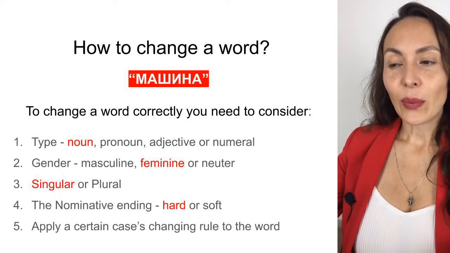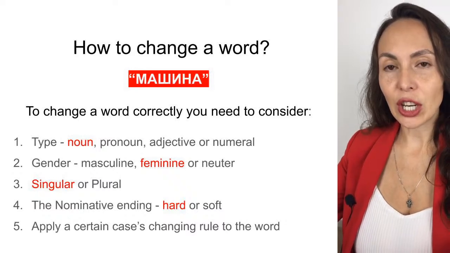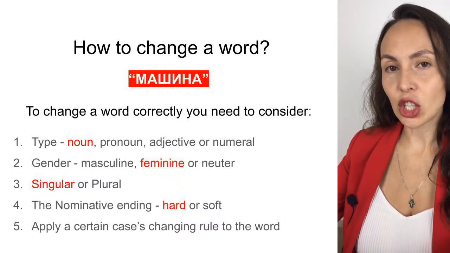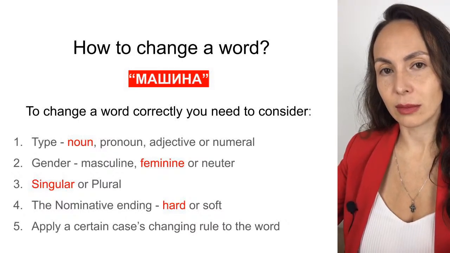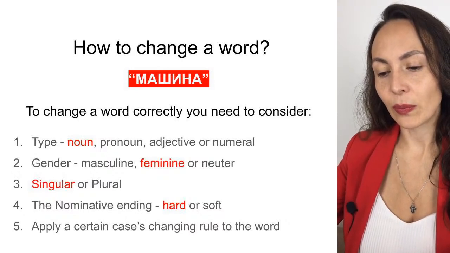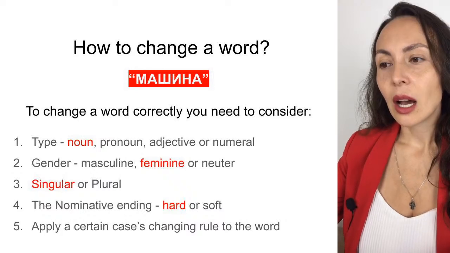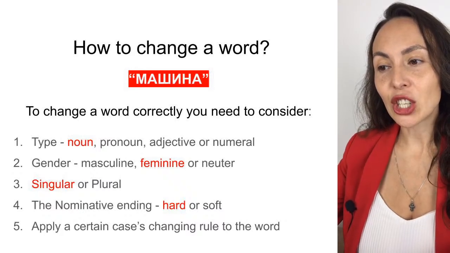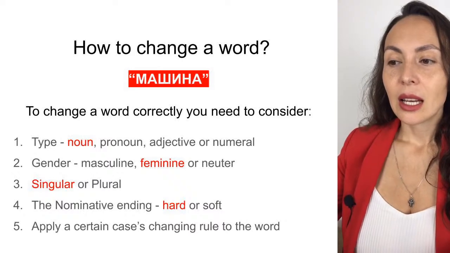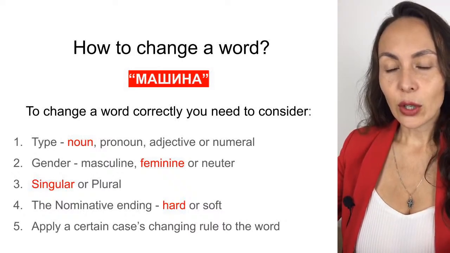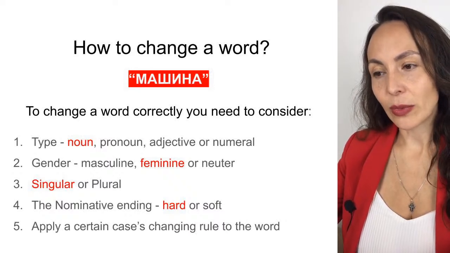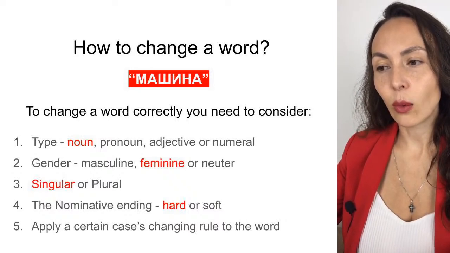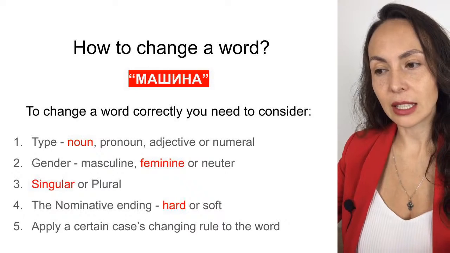And now, how to change a word машина? Let's revise a little bit. First of all, what do you need to think about, to consider? You need to think, what is it? Is it a noun? Is it a pronoun?